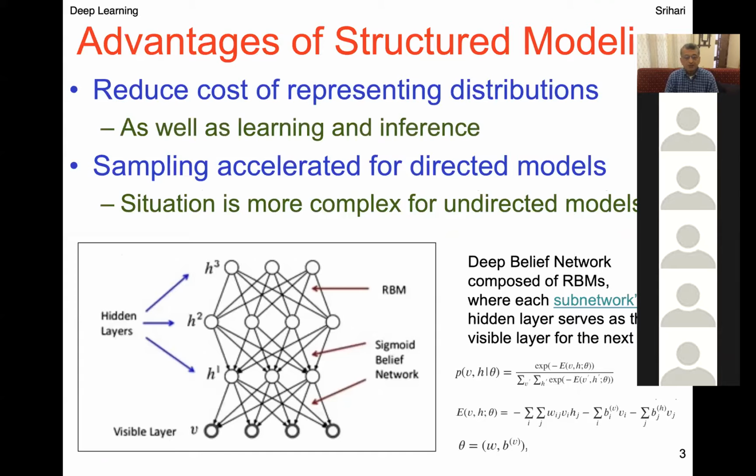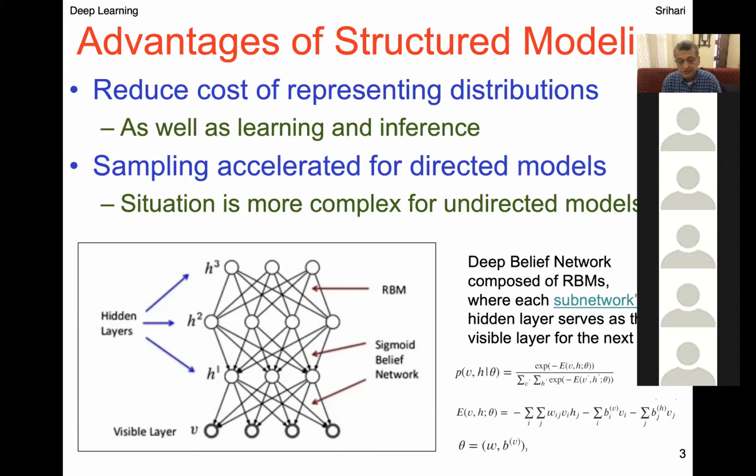So what we get out of a probability distribution being modeled by means of a graphical model is that we reduce the cost of representing the distribution. We are not, for instance, throwing a whole bunch of images of faces and saying, learn the distribution. There are millions of pixels involved here. The distribution is impossibly large.